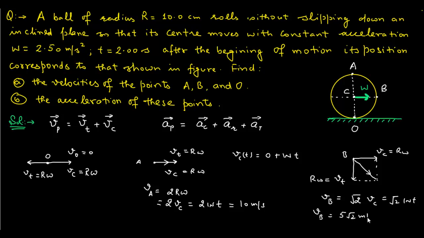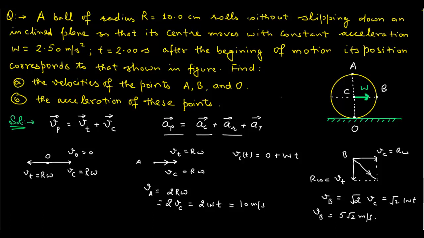So we have calculated the first part, the velocities of all the 3 points A, B and O. Clear? Now in order to calculate part B, we use this equation. For this we need accelerations Ac, Ar and At at these 3 points A, B and O. Clear?